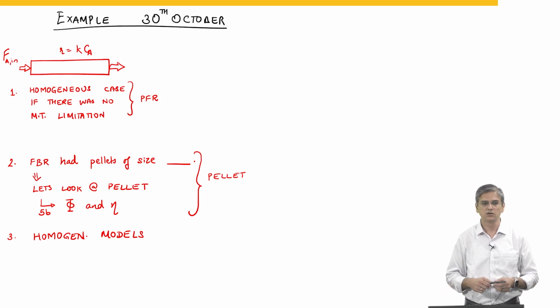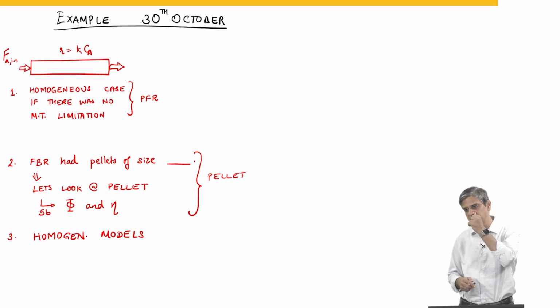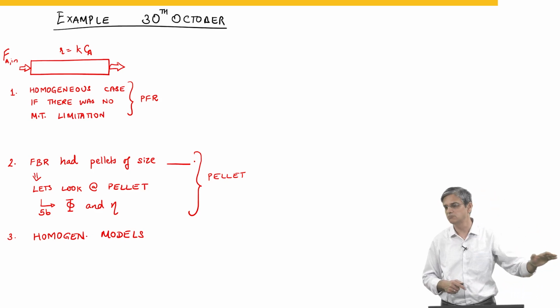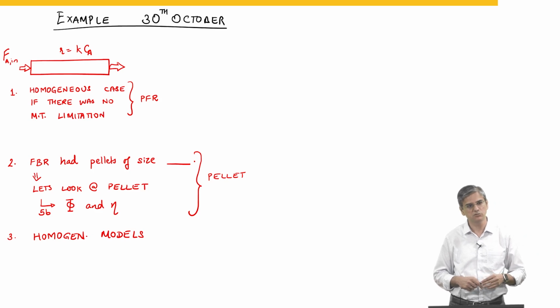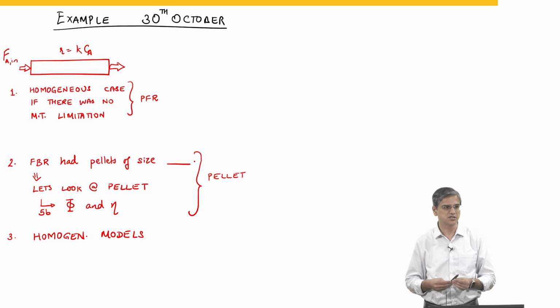Tutorial will come next week, where I will modify the problem slightly, keeping all the numbers very similar, but modify the problem slightly so that the parameters and so on become a little bit more realistic.